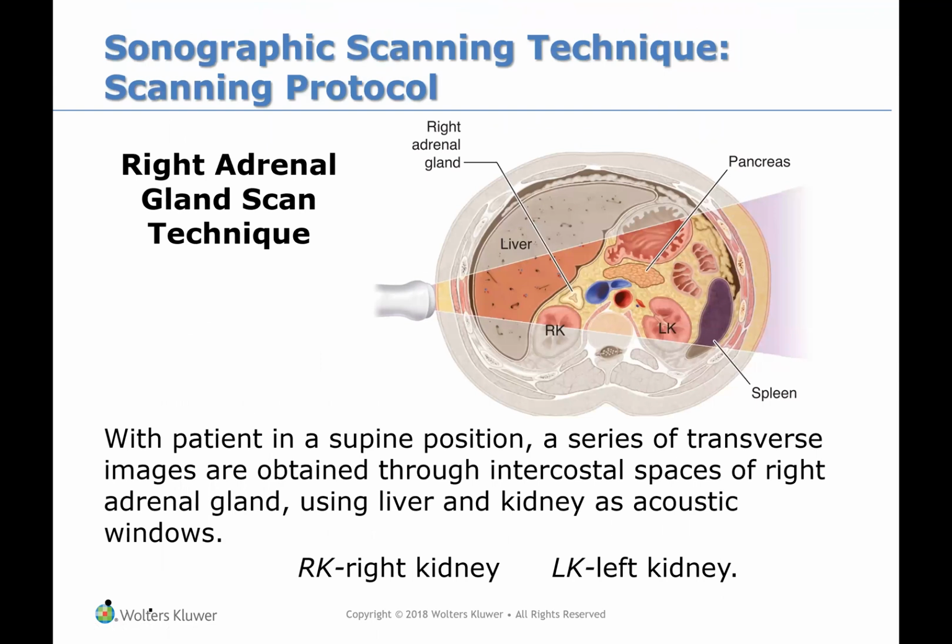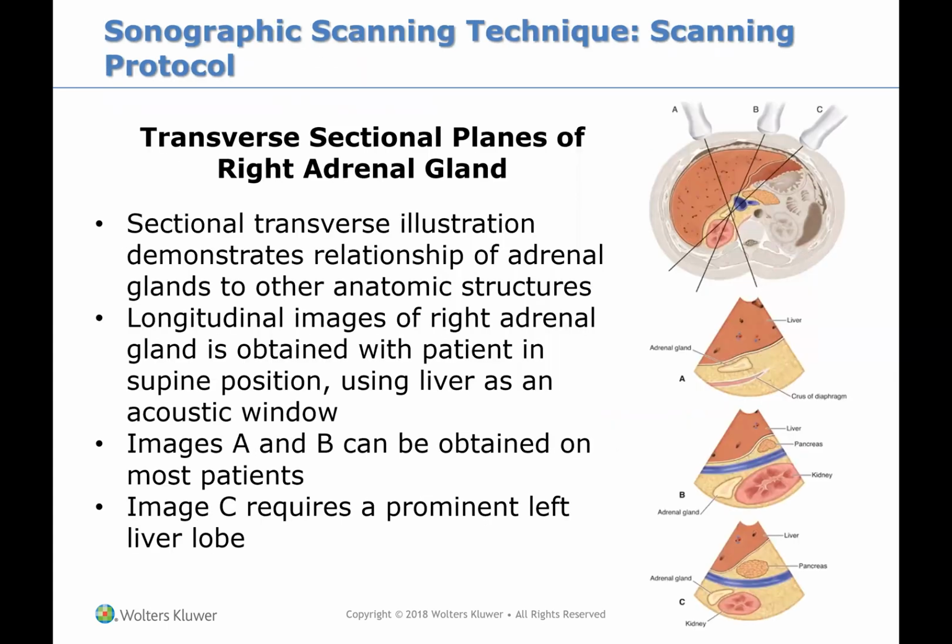This is showing a patient in a supine position, and you're taking transverse views through the intercostal spaces to try to find that adrenal gland, which is located right here, if you can see in transverse. Sectional transverse illustrations demonstrate the relationship of adrenal glands to anatomic structures. So as we're scanning, this is what you're going to see, the adrenal gland and the crest of the diaphragm.